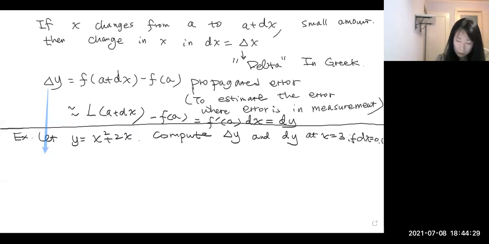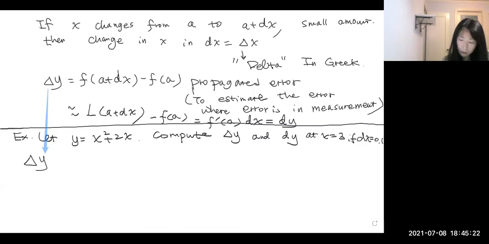Okay, so we do delta y, right? So let's say this is f of a, which is x squared plus 2x. Let us find f prime of a.